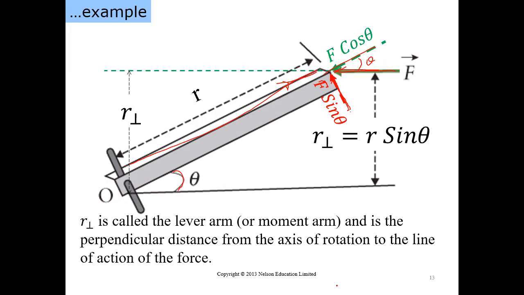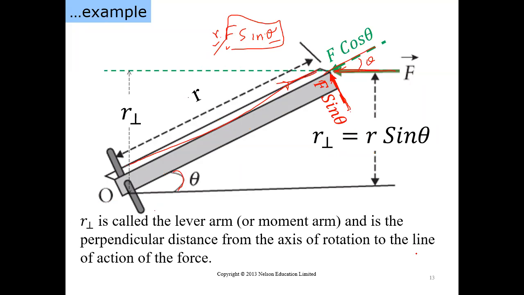So the perpendicular component will be F sine theta. So we simply have to substitute R F sine theta. We know all the values. R is given to us, F is given to us, theta is given to us. It's a matter of substitution. So we say it is the perpendicular component multiplied by R. So perpendicular component is F sine theta anyway.